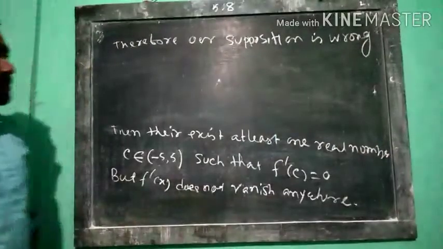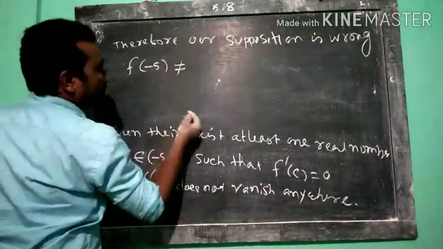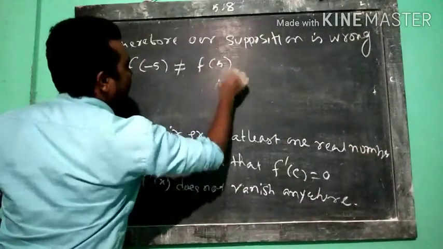If our supposition is wrong, then f(-5) is not equal to f(5), as proof.